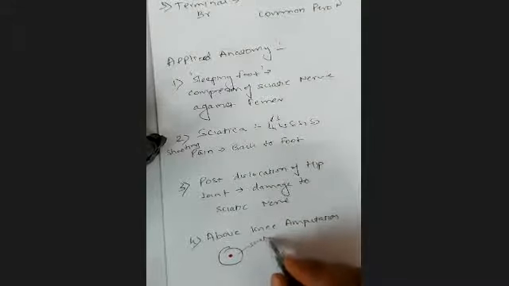And last but not the least, in case of above knee amputation, one has to remember that inside the sciatic nerve there is a blood vessel which supplies the sciatic nerve. It's called the companion artery of the sciatic nerve.